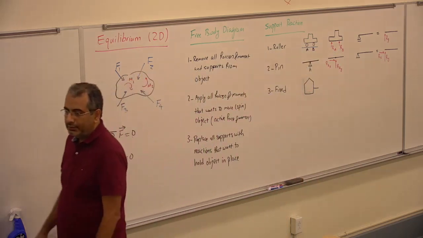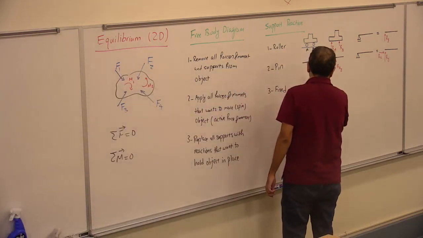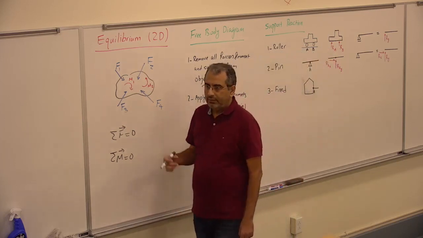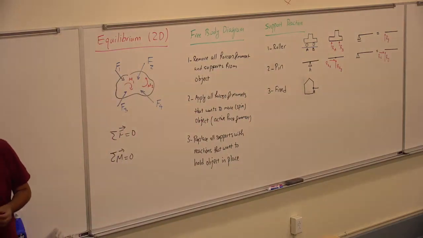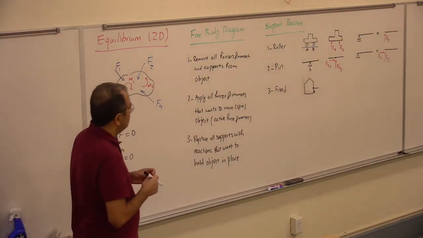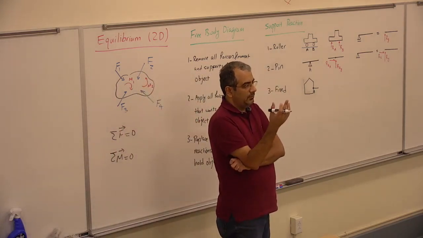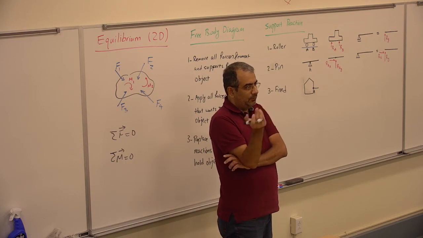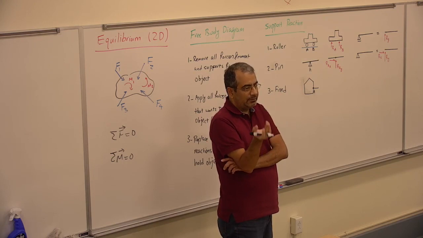The balcony that you have, about point A, doesn't go left or right. It doesn't go up and down. It doesn't spin.